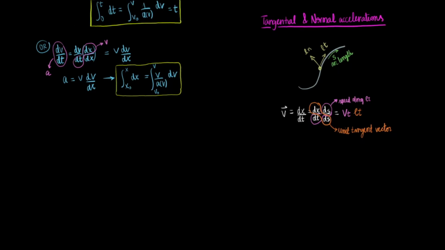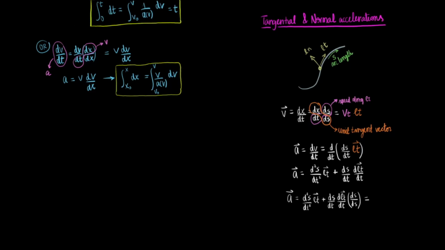We know that the acceleration is dv over dt. Since the velocity is vt et, let's write vt as ds dt, then multiply that by et for v. Take the derivative of this v expression and we get two terms that add up to give you the acceleration because of the product rule. So now let's play with the second term and multiply it by ds over ds.